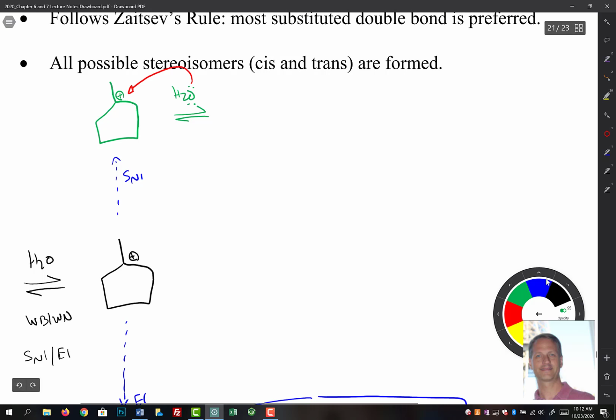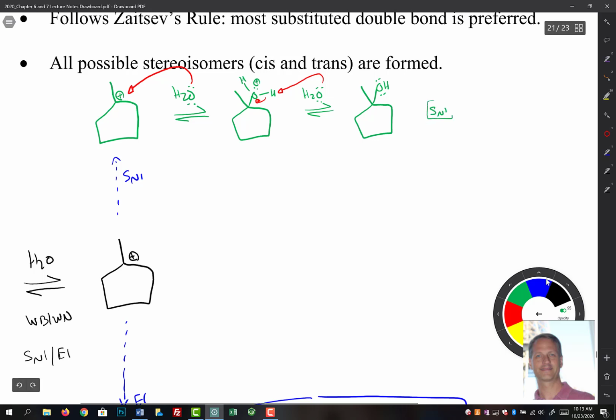That's going to give us, in this case, our oxygen here with a positive charge. And then the last thing that we do there is a deprotonation. So we're grabbing one of those H's and giving us a neutral oxygen, so no more formal charge there. I'll get an extra lone pair on that guy. And voila, that would be our SN1.